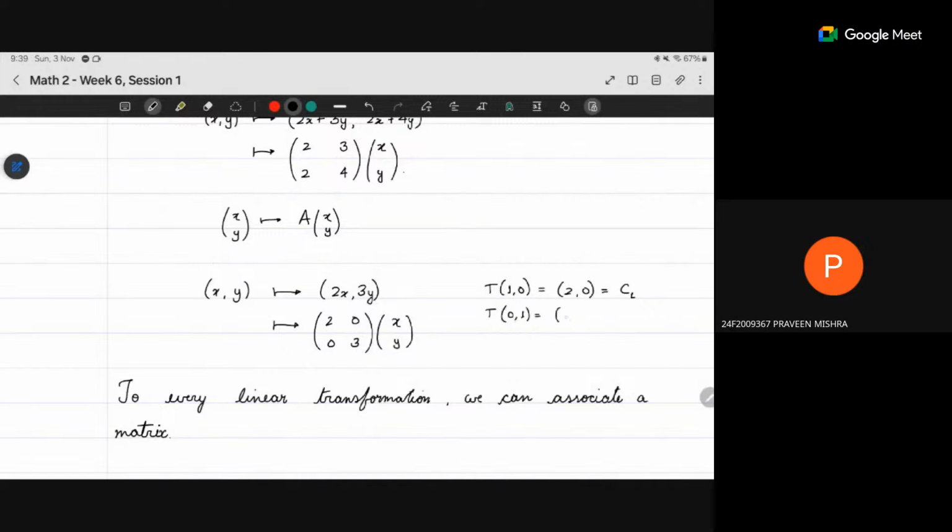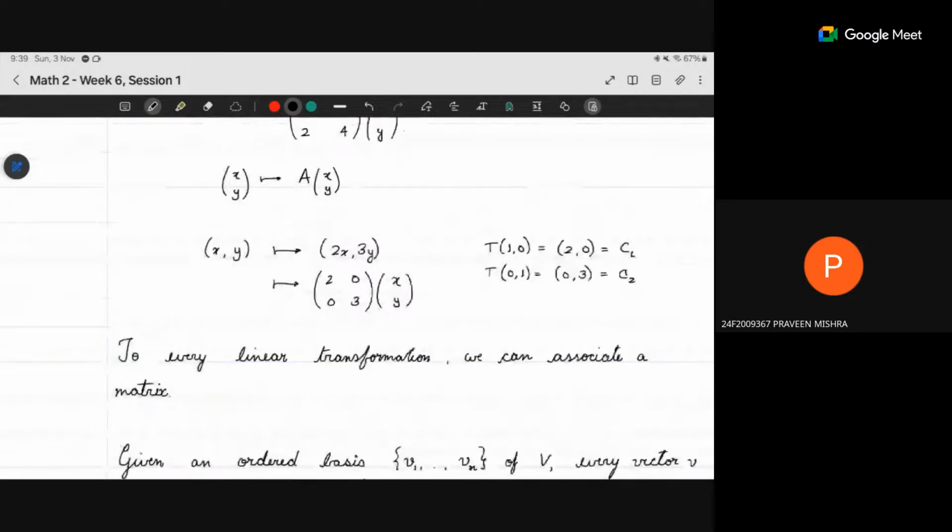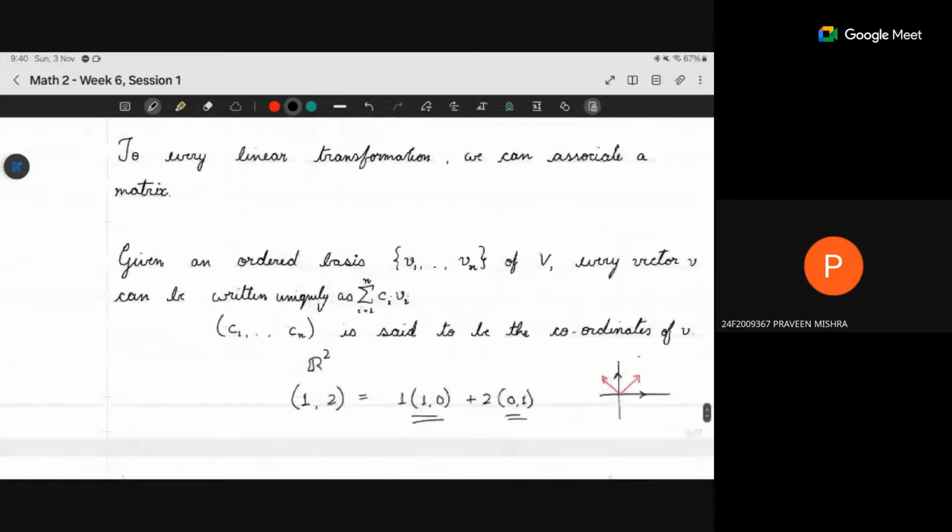T of (0, 1) is (0, 3), which is C2. Column 1, column 2, C1, C2. So here also you see that the images of the basis vectors, we have taken the standard basis, are actually the columns of the matrix that we call the matrix associated to the linear transformation.